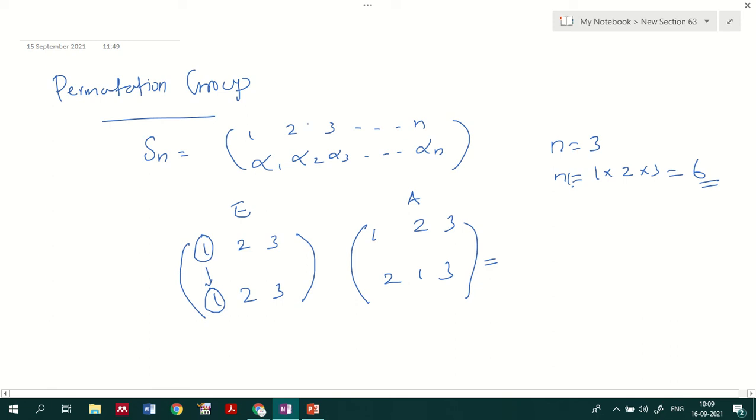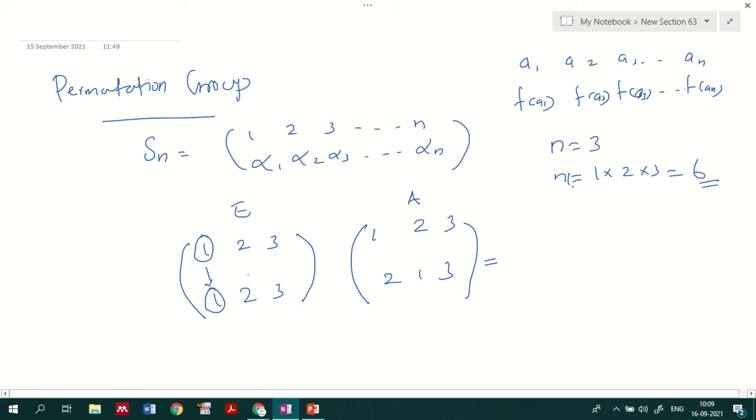Normally we can write a1 a2 a3 up to an, and this will be f of a1, f of a2, f of a3, and so on. But when you consider this multiplication, it is not exactly what we do in normal multiplication. Here, corresponding to 1, from that matrix itself you can see 1.